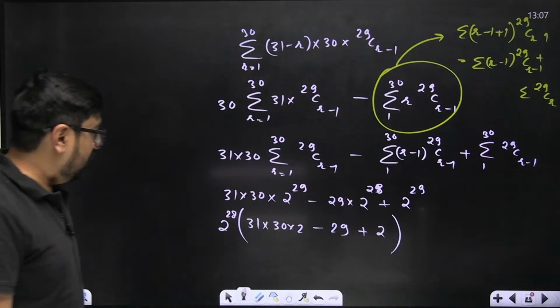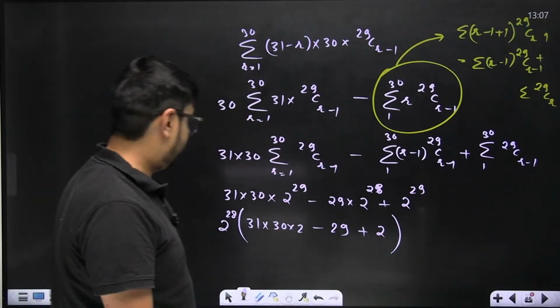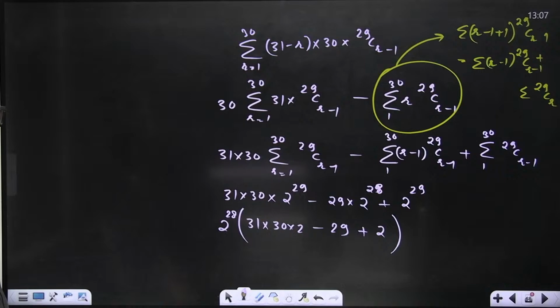One more 2 will come out. 31 into 30 into 2, 60 into 31. This will be a long calculation, I think. Just do the calculation once. Not long calculation also. 600 into 31, 31 into 6, 196, 19600 minus 29 plus 2.